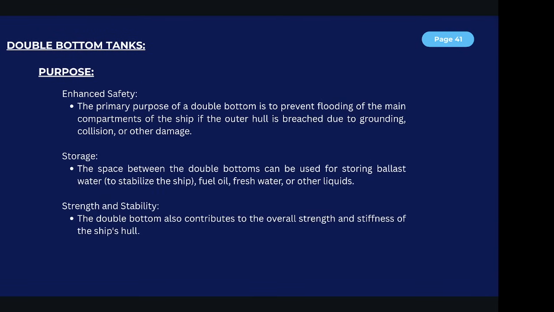The purpose of this is to enhance safety. The primary purpose of a double bottom is to prevent flooding of the main compartments of the ship if the outer hull is breached due to groundings, collisions or other damages.